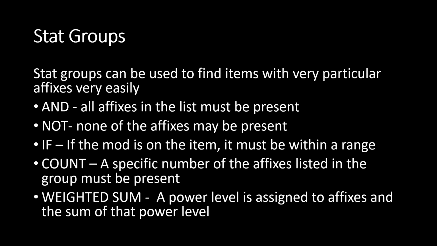If you select if, the mod is on the item, then it must be within a range. If you select count, a specific number of the affixes listed in the group must be present. And if you select weighted sum, the trade site will assign a power level to the item based off of the weights that you list. And you do that based off of which affixes you think are best for your gear. I'm going to show this in practice.